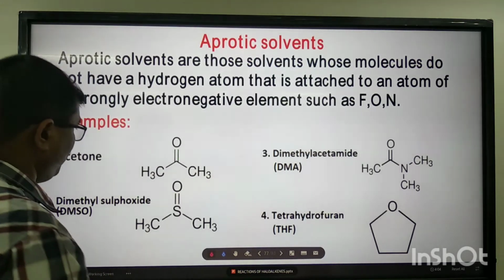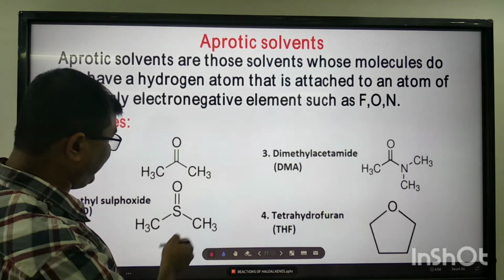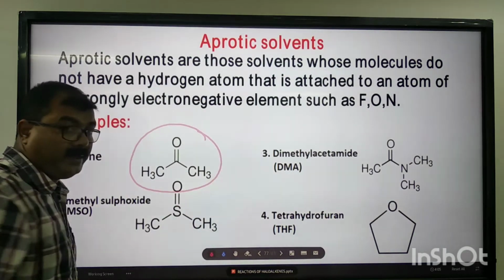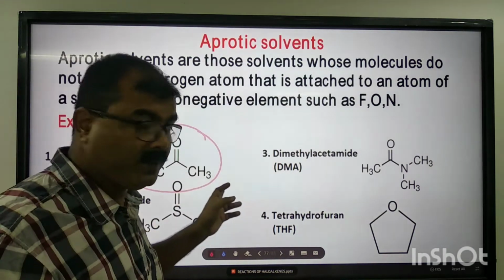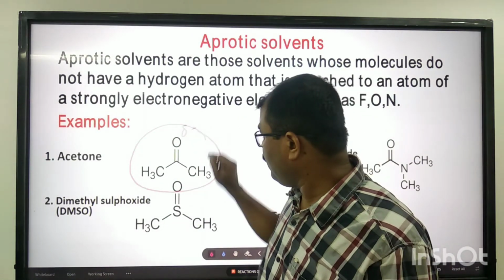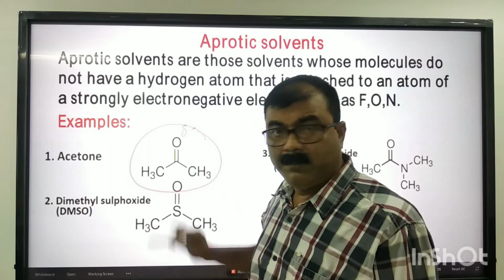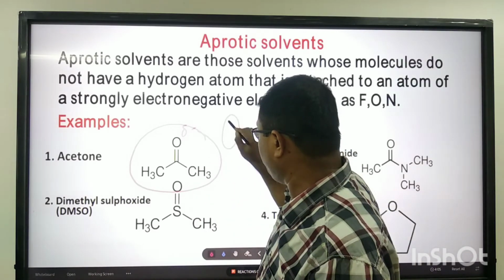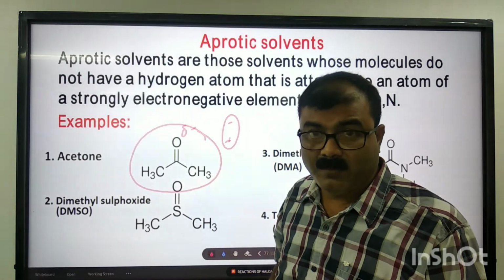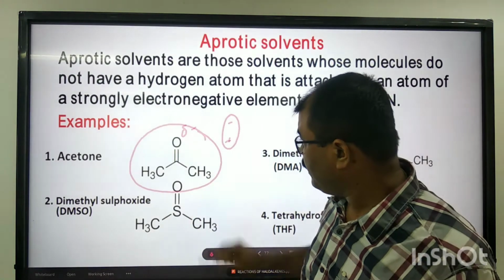Let us see the example. The example you see, acetone. See, acetone, this is polar. It has got two opposite poles. This is negative pole, this is positive pole. But this is an aprotic solvent. Why is it aprotic?